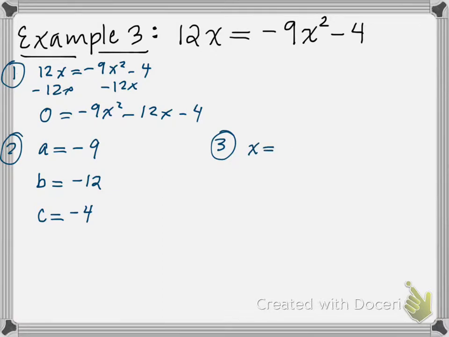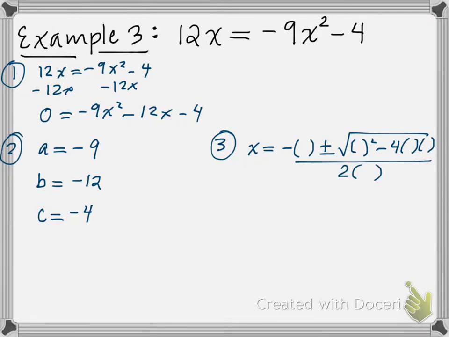I have negative b, plus or minus the square root of b squared minus 4ac, all over 2a. And now I'm plugging in. For b, I'm doing negative 12, squared, a negative 9, c negative 4, and on the bottom I have a negative 9.